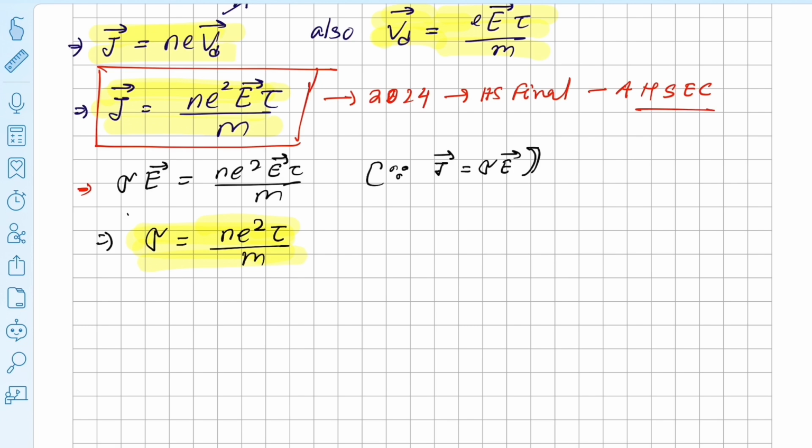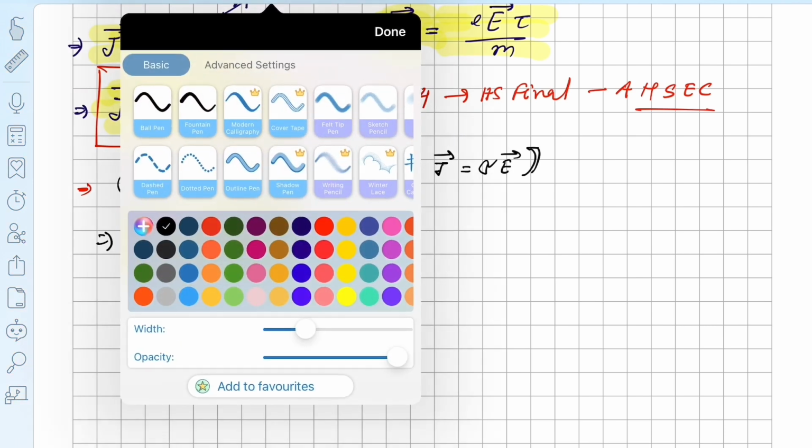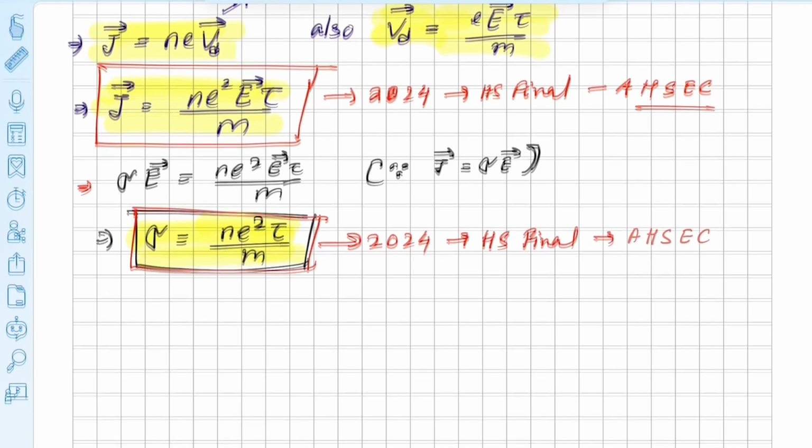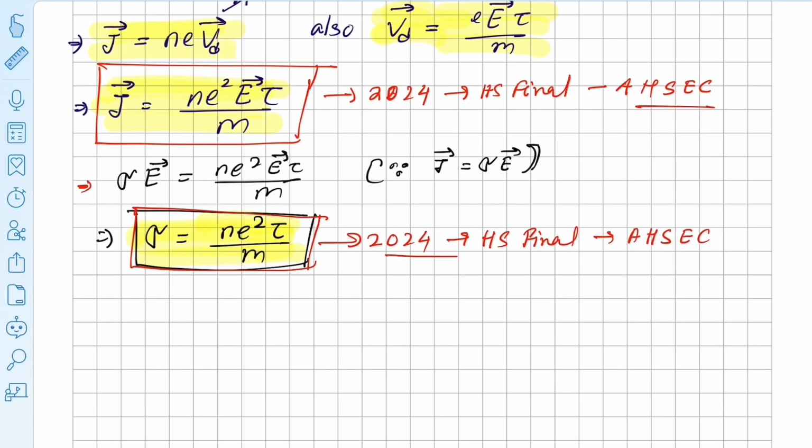This is one very important relation. This was also asked in 2024, Assam Higher Secondary Educational Council.